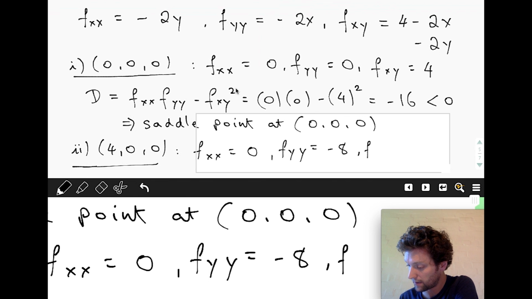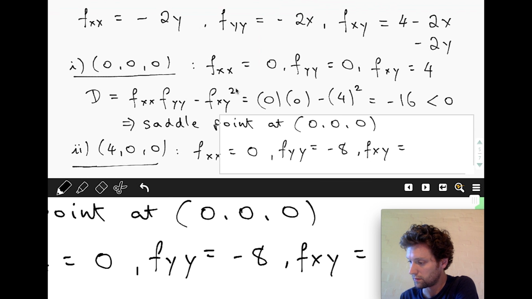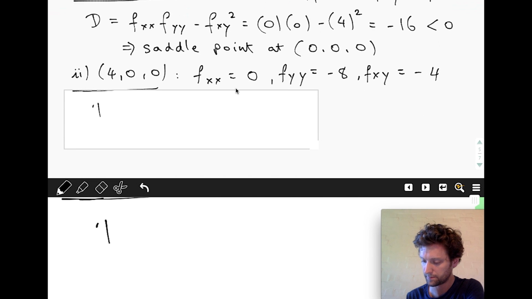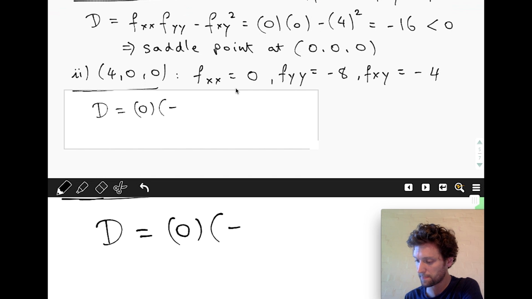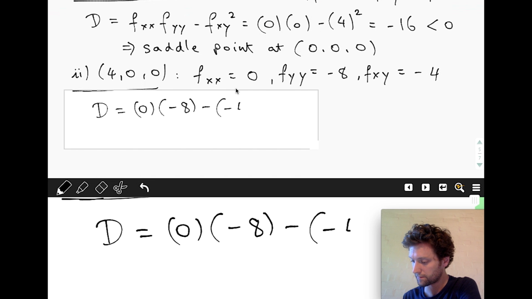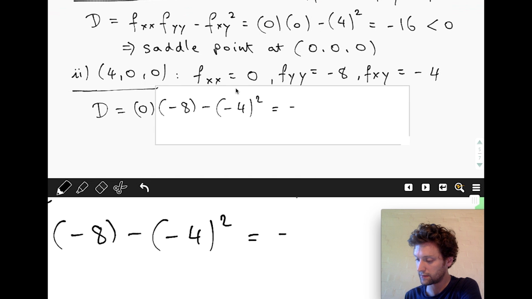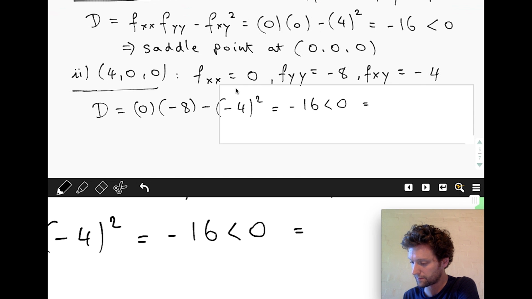And fxy, again, is going to be equal to 4 minus 2 times 4, which will be minus 4. Okay. So what's d? D is equal to fxx times fyy minus fxy squared, which will be minus 16. Again, that's negative. So again, this is a saddle point.